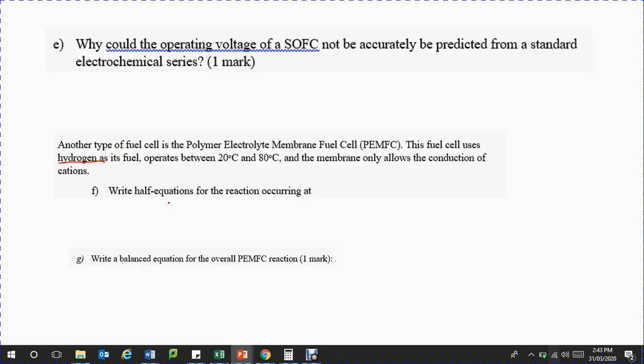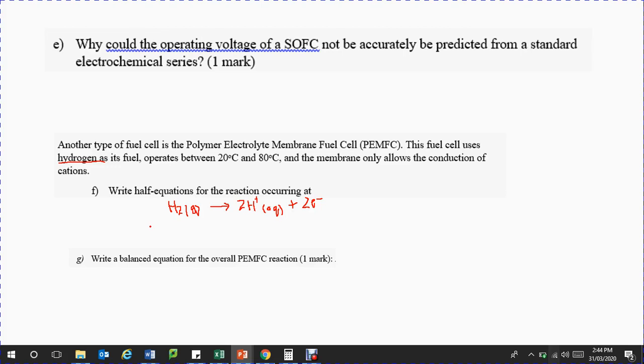If we remember, in a hydrogen fuel cell, at the anode hydrogen gas is being oxidized to form our hydrogen ions, losing 2 electrons. Those 2 electrons will go through the wire.